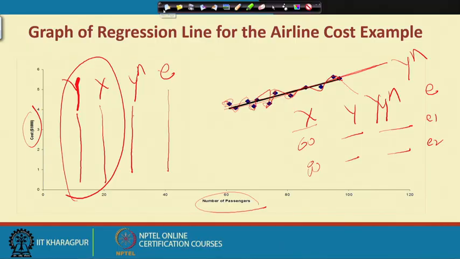If that is the case, then we can say there is reliability, or a kind of accuracy, through which you can do the predictions. Of course there are lots of other diagnostic checks, but this is the first-hand inspection through which you can do the predictions as per the problem requirement.